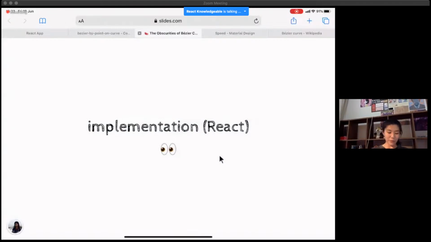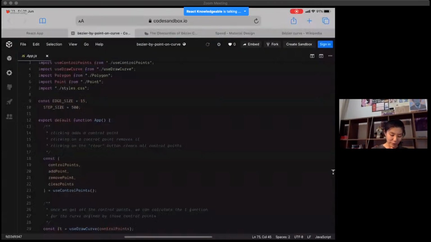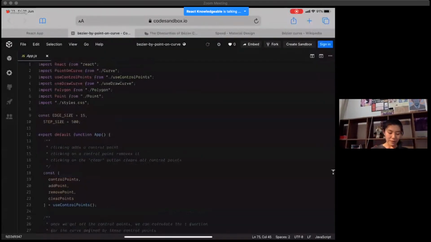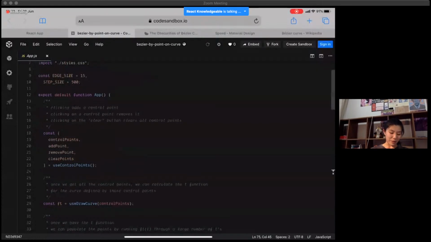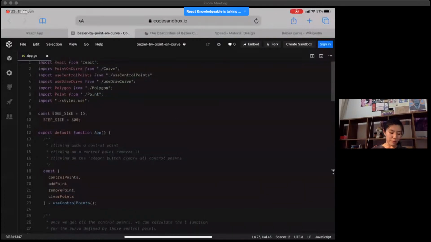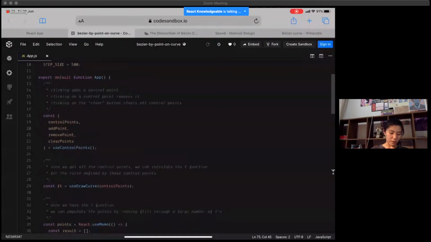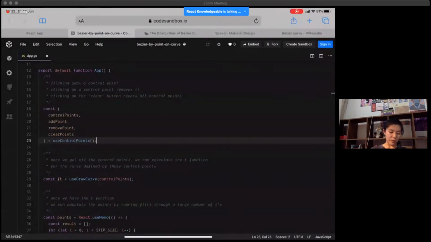So I do have an implementation in React, and it turns out that there's a very natural implementation with React. So I'll show you how I did it. In my app, the first section is a simple controller for the user to add or remove control points.